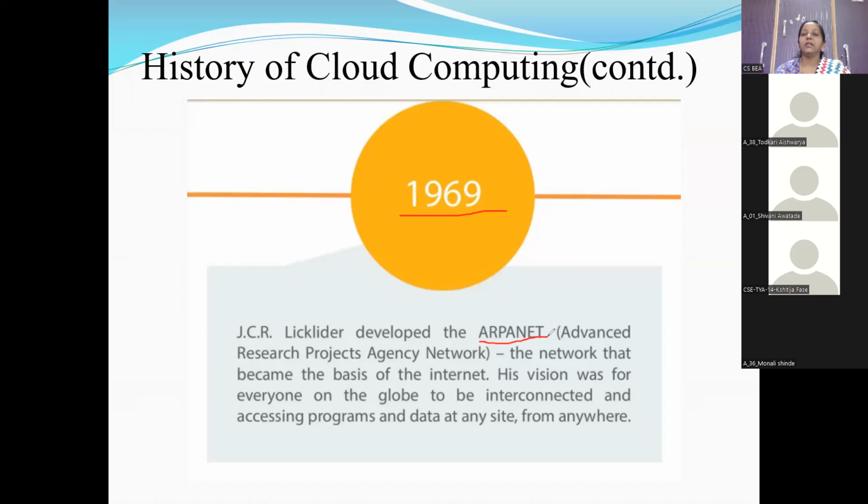As we know, that is the advantage of the internet, isn't it? We can access anybody's programs and data from any site, from anywhere. So here that particular terminology came into existence.